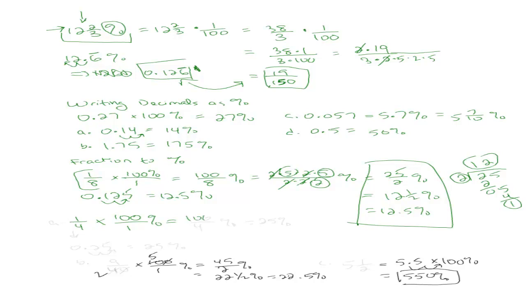So this ends up being 100 over 4%, and 100 divided by 4 is 25%. Another way to do it is recognizing the fact that a quarter is the same thing as 0.25, and I just move it to the right twice. And I end up with 25%.